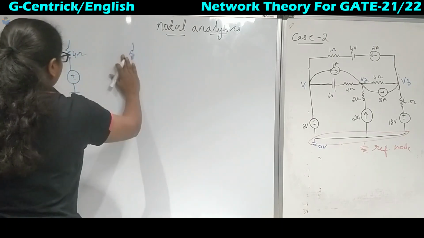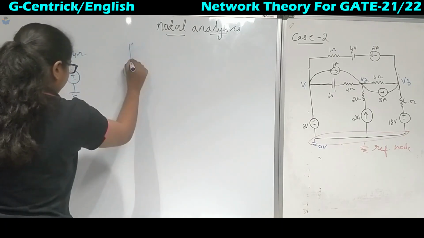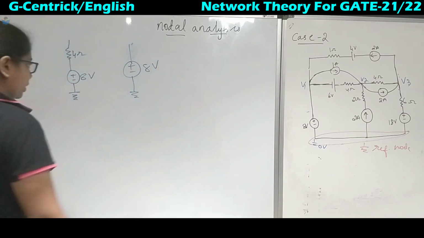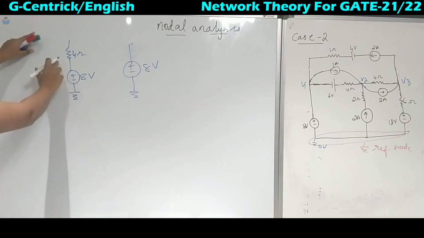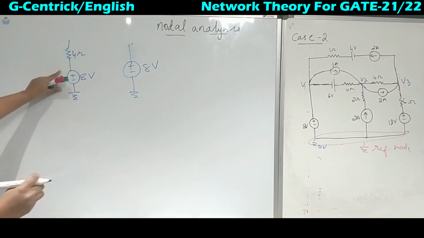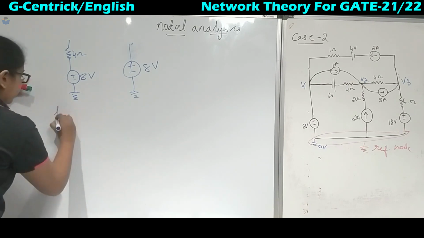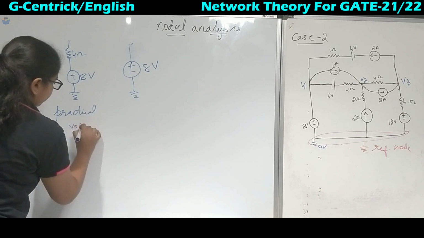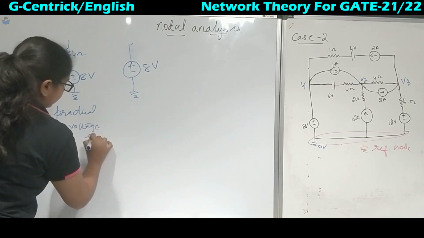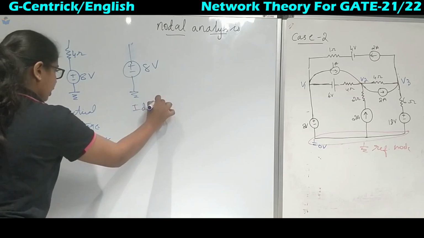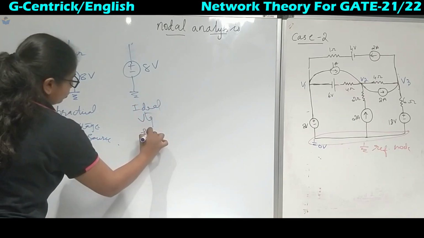Now this is 8 volt and here is also 8 volt. If in a branch there is a resistor and a voltage source, then this is nothing but a practical voltage source. If there is no resistor, we consider it an ideal voltage source.